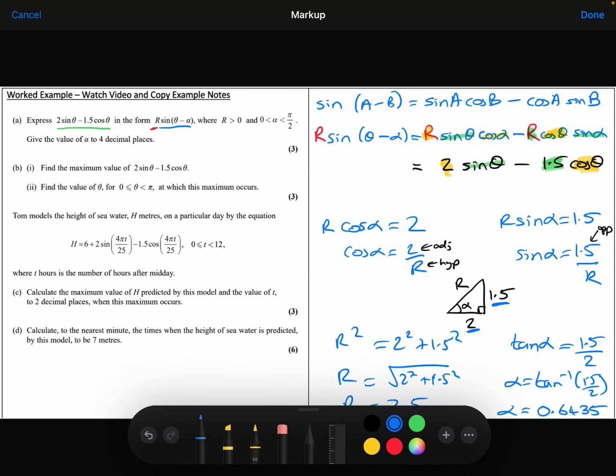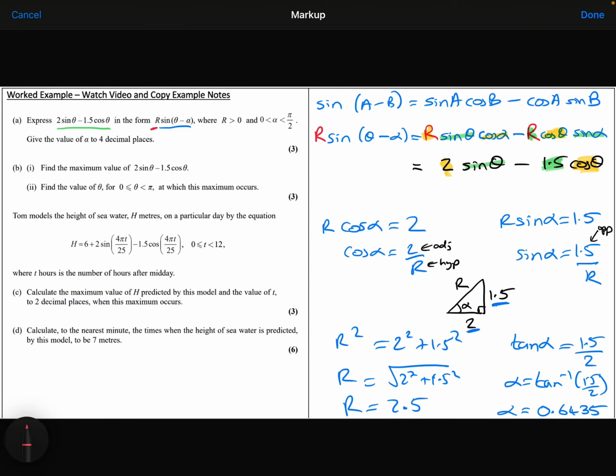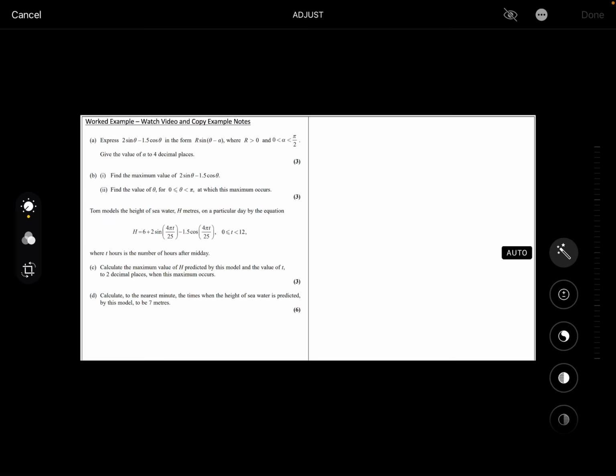So I have found that my r would have to be 2.5, and my alpha is going to have to be 0.6435 in order for these to be the same thing. So that is part A of this question.